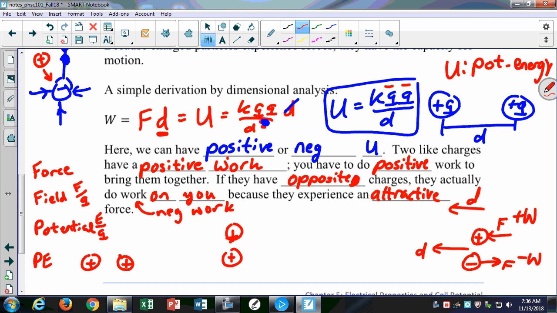When the 2 charges are attractive, they're opposite. When their 2 forces are repulsive, they are like charges, either both positive or both negative.